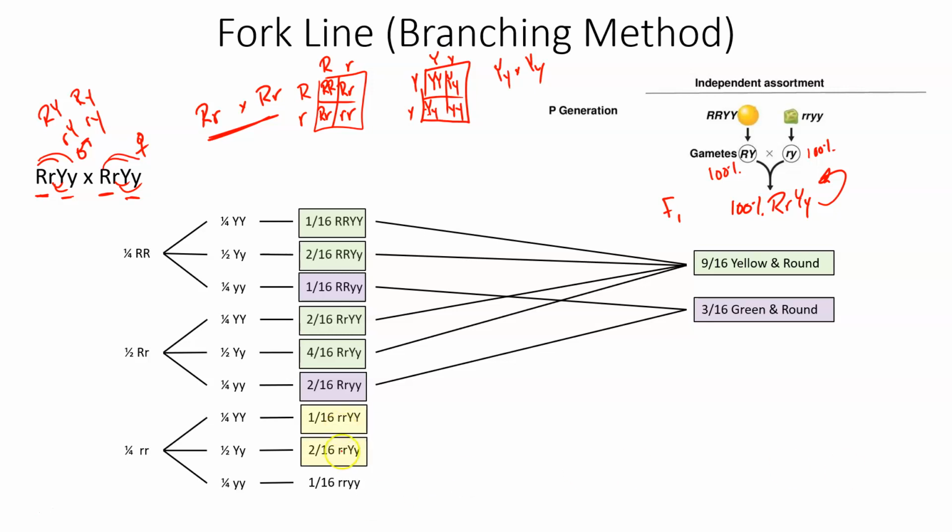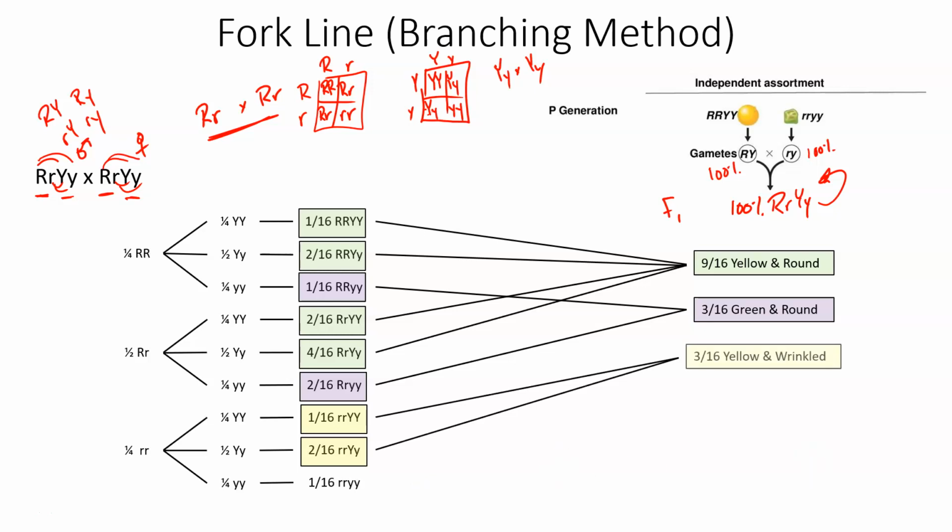Then we combine these two, which are little r's and big Y's, and phenotypically that's 3/16 yellow and wrinkled. The last one is homozygous recessive. It is the only one that is homozygous recessive. It is little r and little y, so it'll be 1/16 and it will be green and wrinkled.